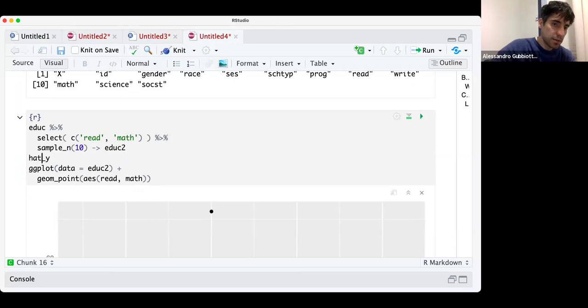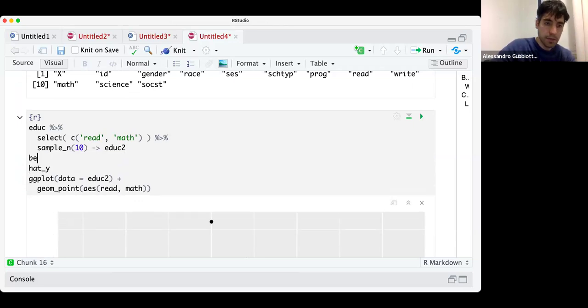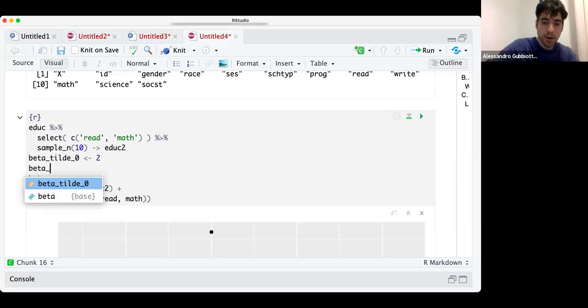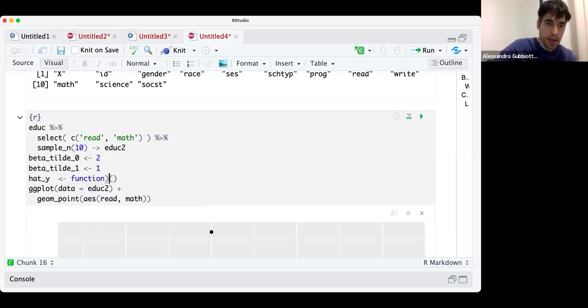we fix a beta tilde 0, let's call it, and let's put it like 2. And beta tilde 1, let's give it 1, it's okay. And hat y will be simply the function that takes in input the value of the x.